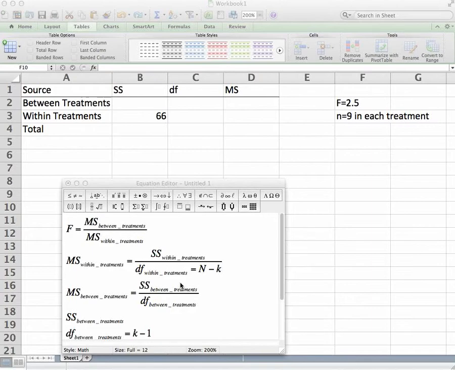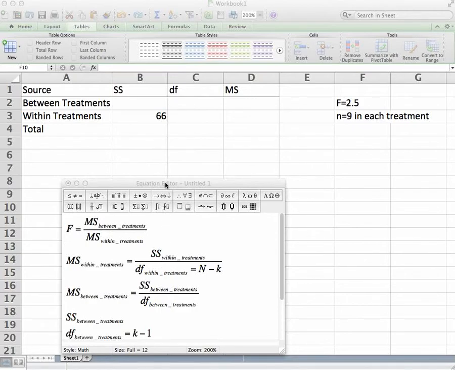However, the description of the study gives us enough information to fill in at least a couple other values on this table, and that's really all that we need to complete the rest of it, given that you know the equation.